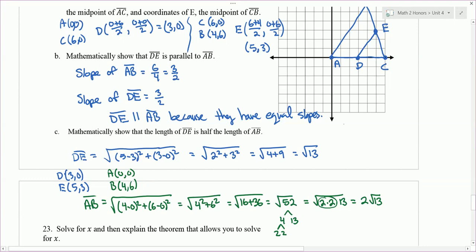So notice AB is 2 times square root of 13, where DE is the square root of 13, and so AB is 2 times the length of DE, which mathematically shows that DE is half the length of AB.